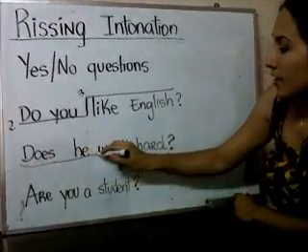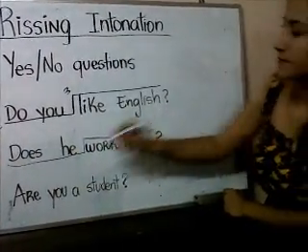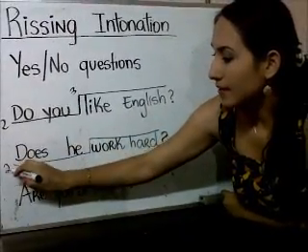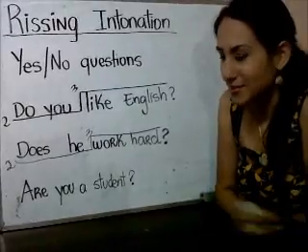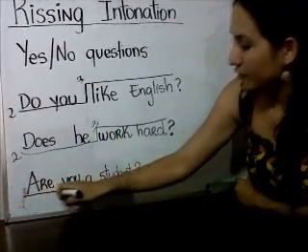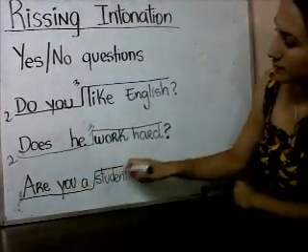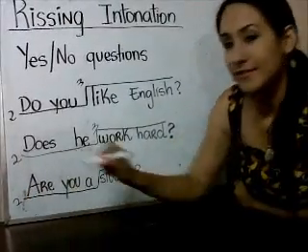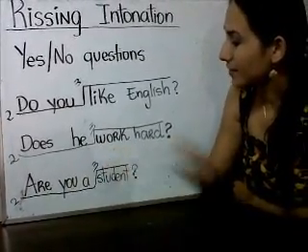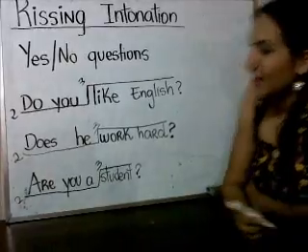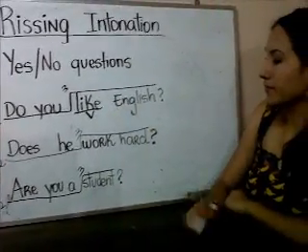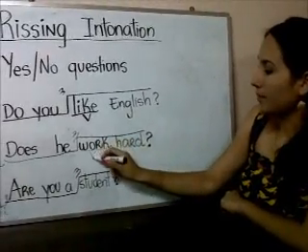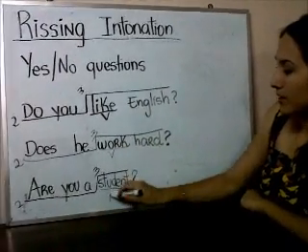Does he work hard? The standard and the rising intonation. Are you a student? A standard and rising intonation. Because like is a verb, work a verb, and a student is a noun.